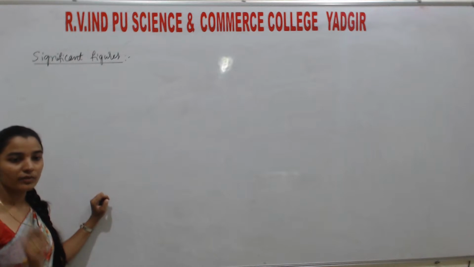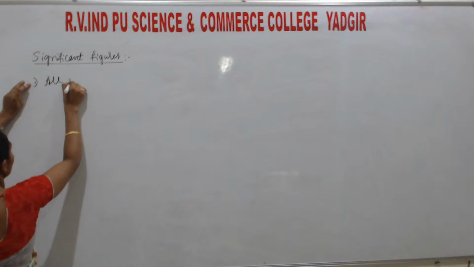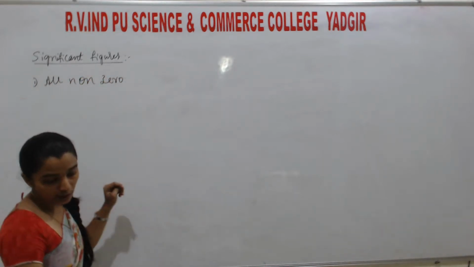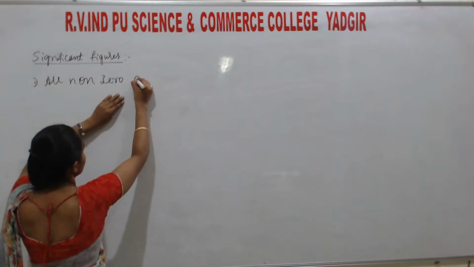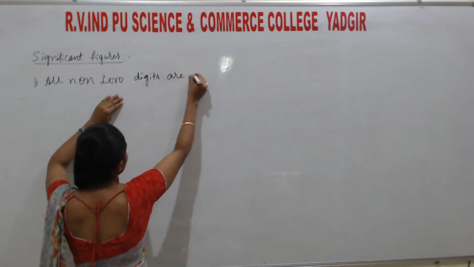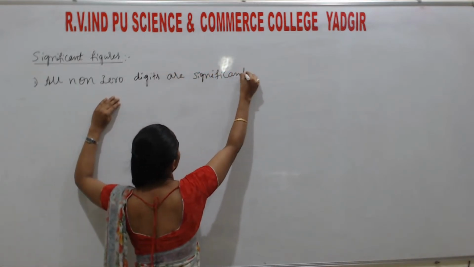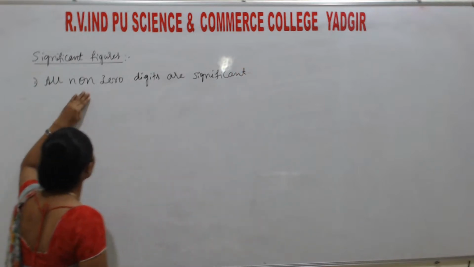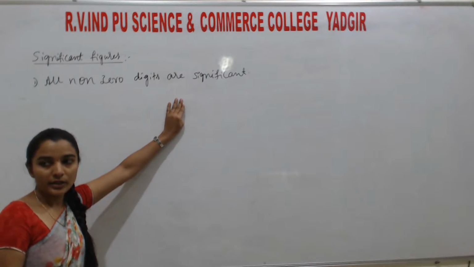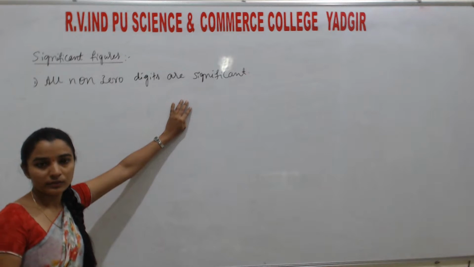Very, very important. Students, the first rule is: all non-zero digits are significant. All non-zero digits, except 0, are 100% significant figures. There is no doubt in that.